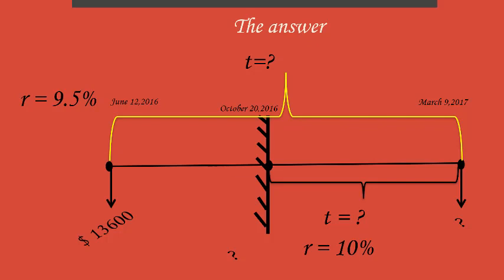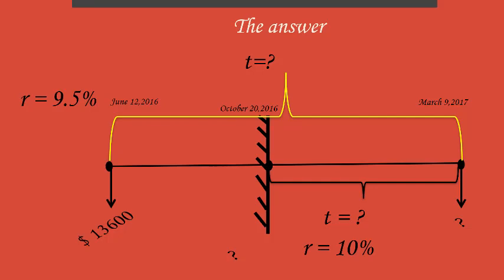Note that we use interest rate R equal 9.5% to get the amount, and we use the interest rate 10% to get the present value. At the first, we must calculate T for the amount and T2 for the present value.